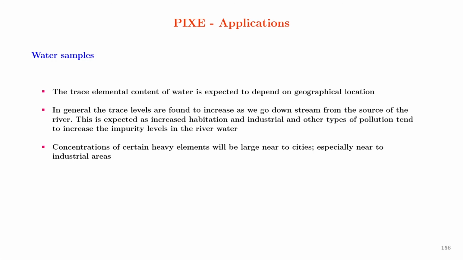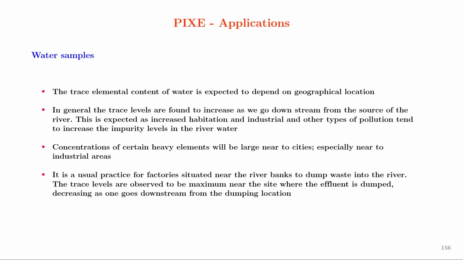Concentrations of certain heavy elements will be large near to the cities, especially near to industrial areas. It is a usual practice for factories situated near the river banks to dump waste into the river. The trace levels are observed to be maximum near the site where the effluent is dumped, decreasing as one goes downstream from the dumping location.